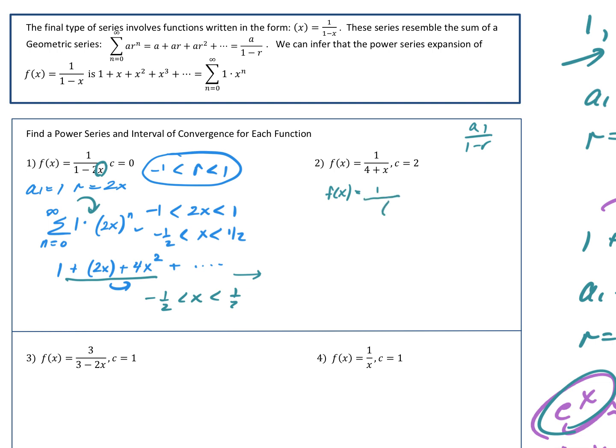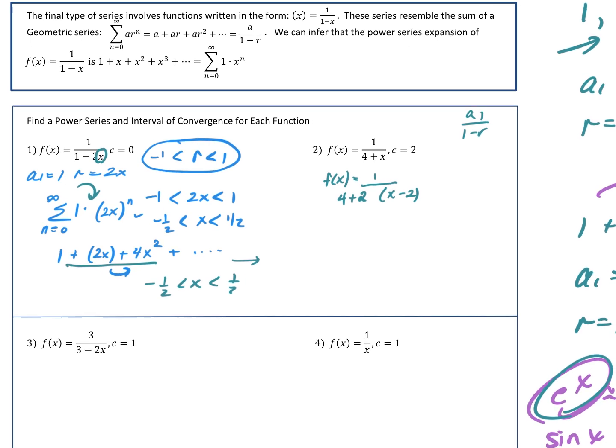So I know this has to be x minus 2. This is 4 plus. Now, please understand too that we are subtracting 2 on the inside, which means I need to add 2 on the outside. So I should end up with that. So 4 plus 2 plus x minus 2. So we're going to get 1 over 6 plus x minus 2.